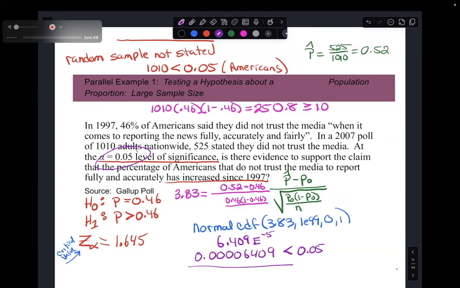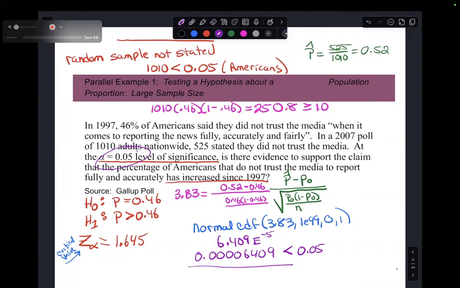So I would say that since we have a p-value of 0, which is less than our alpha of 0.05 or less than our level of significance, I can reject the null hypothesis.